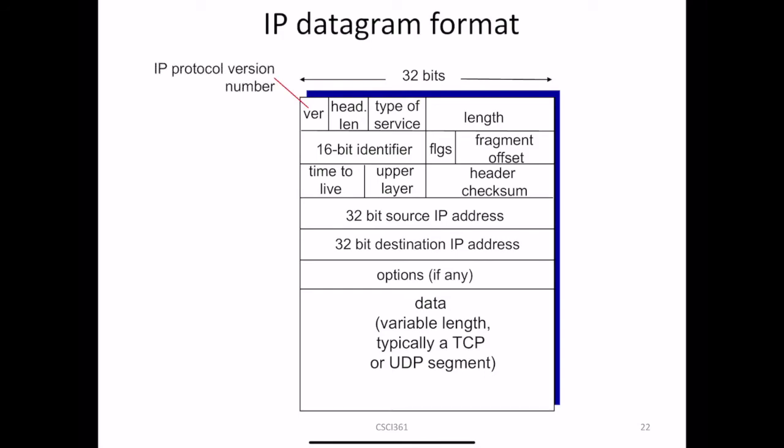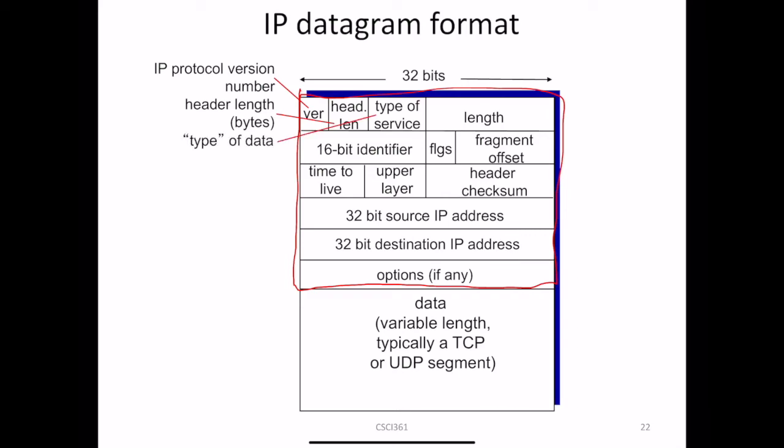First, let's see the VER field, which represents the IP protocol version number. The second one is the header length, which indicates the size from the beginning to the options. It shows how large the header is, and it is counted in bytes.